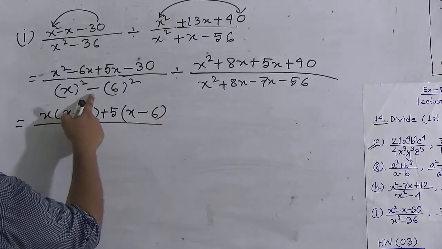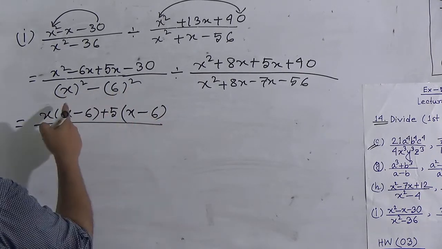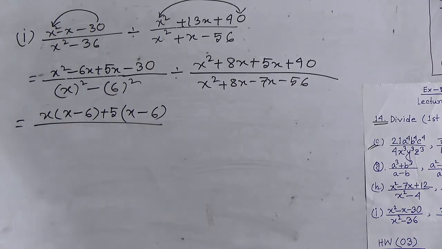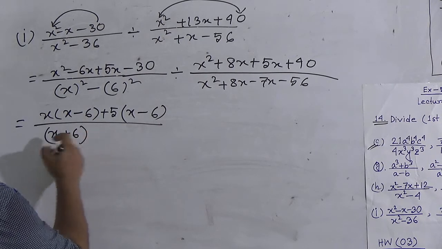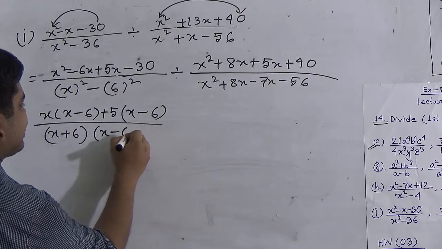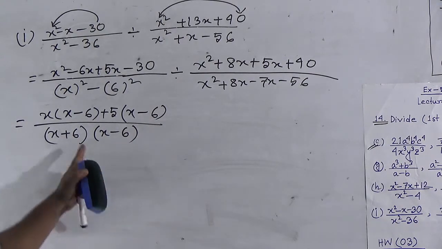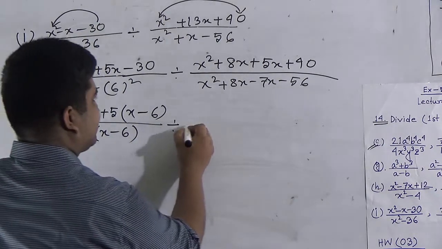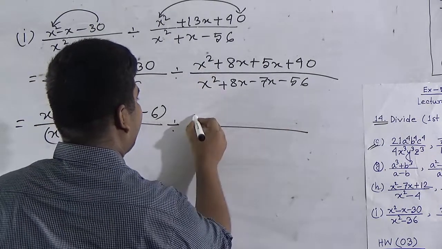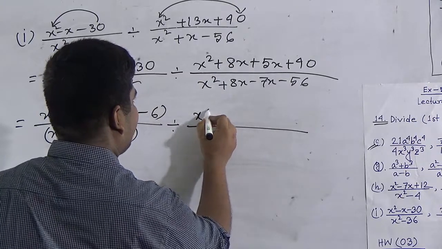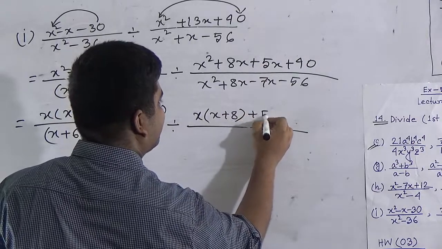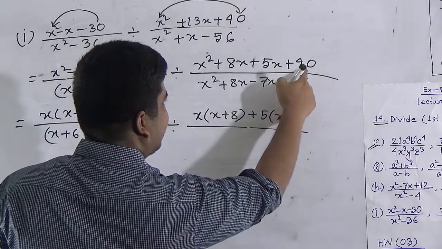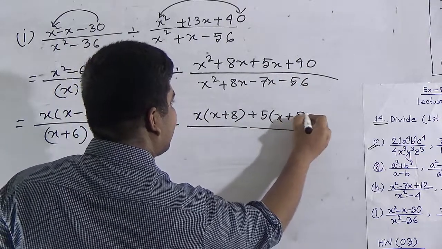And x square minus 6 square, that means the a square minus b square formula is applicable here. So we can write this expression as a plus b into a minus b, that means x plus 6 into x minus 6. I hope you have understood the division sign. From these two terms x is common and left x plus 8. Again from these two terms 5 is common and left x, and dividing 40 by 5 we get 8.